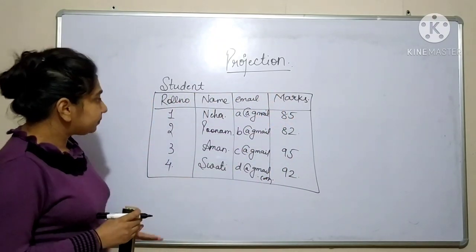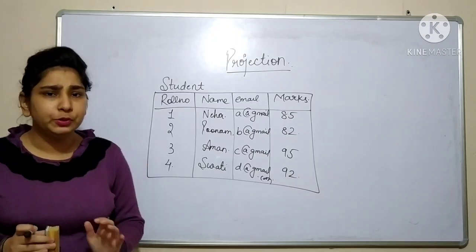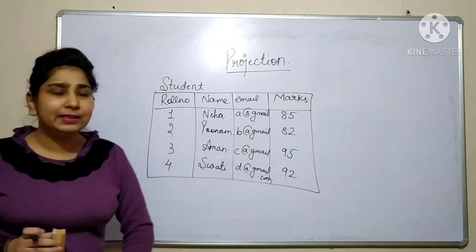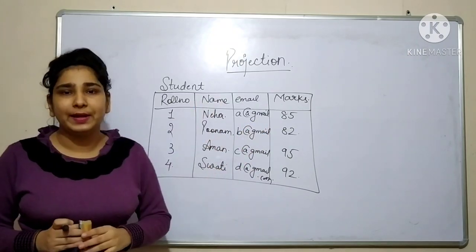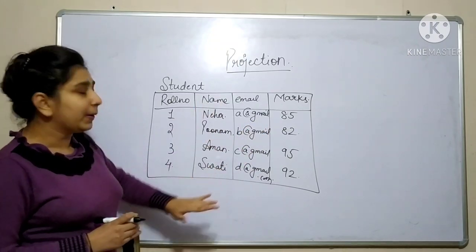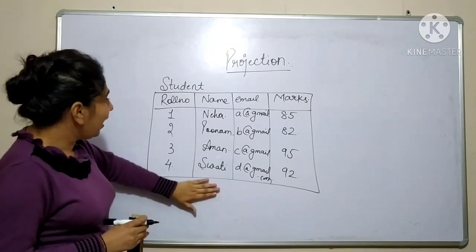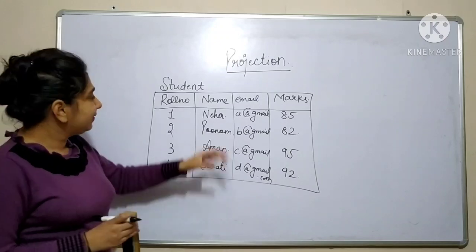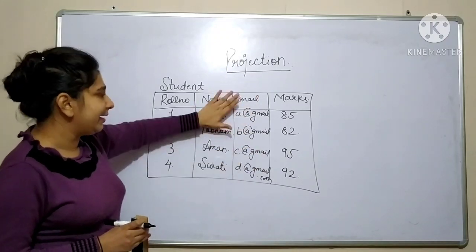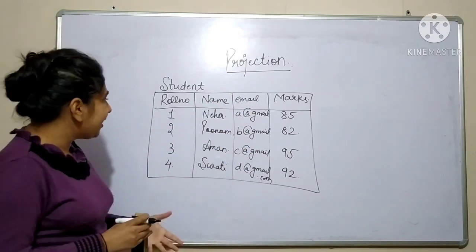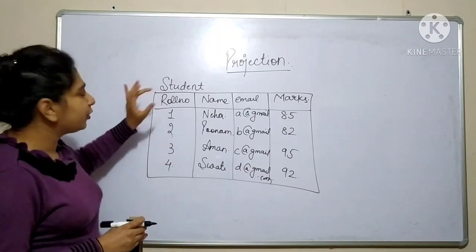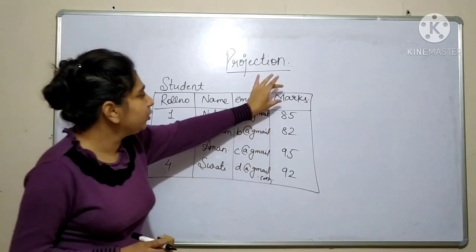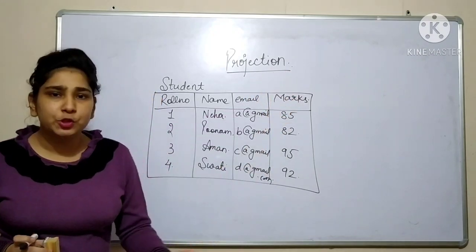So what I want to do is fetch the email IDs of all of the students. I want to fetch just the name and their corresponding email IDs. Neither am I interested in knowing the roll number of the student, nor the marks of the student.